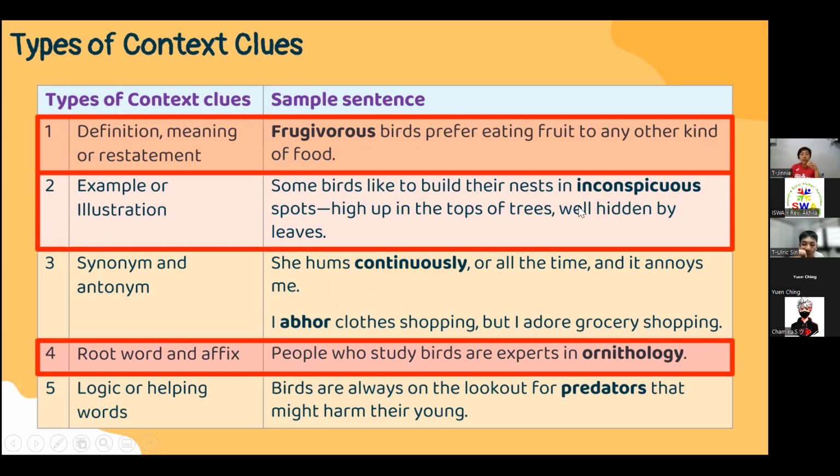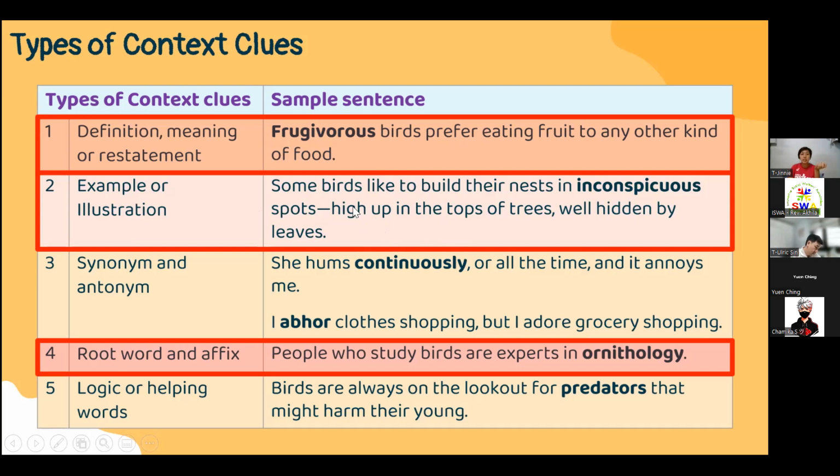So here, for example: some birds like to build their nests in inconspicuous spots, which is very, very difficult. Even though you may know the prefix in, and you may know that OUS is a suffix, what's in between is very difficult to understand. You look for examples that explain what inconspicuous might mean.